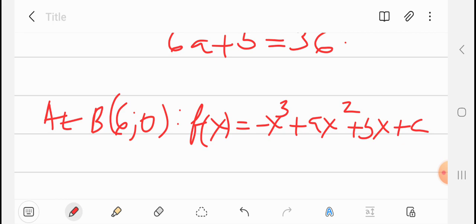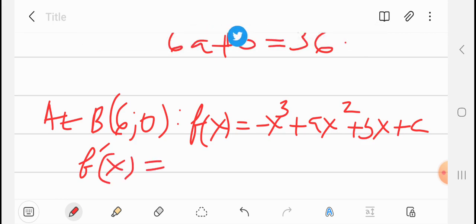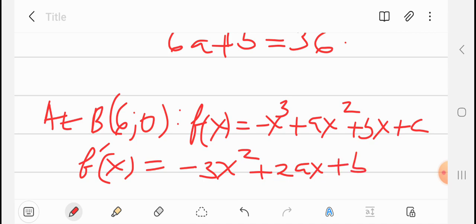And therefore now you have f primed at the turning point, and this f primed is then equal to the derivative minus 3x squared plus twice ax plus b, because c is a constant.